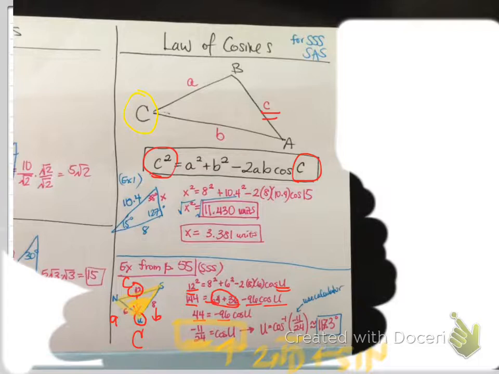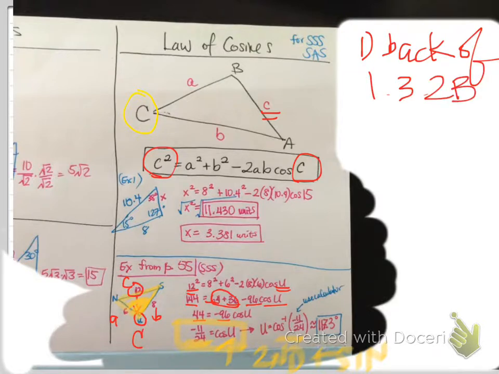That extra worksheet I gave you. Let me see, the extra worksheet. Thanks, Richard. Number 1 on the back of the extra practice worksheet 1.3.2b, I'm just going to do it real quick over here. You're going to set up your ratio.